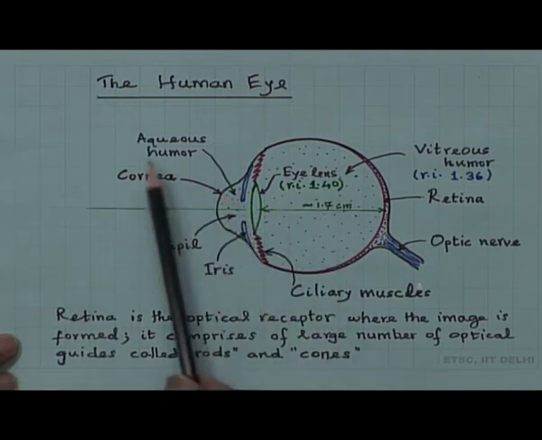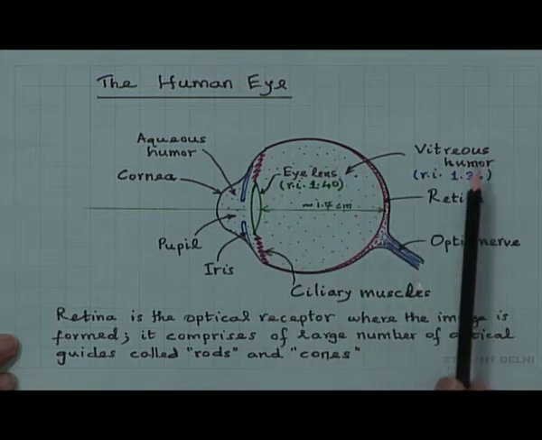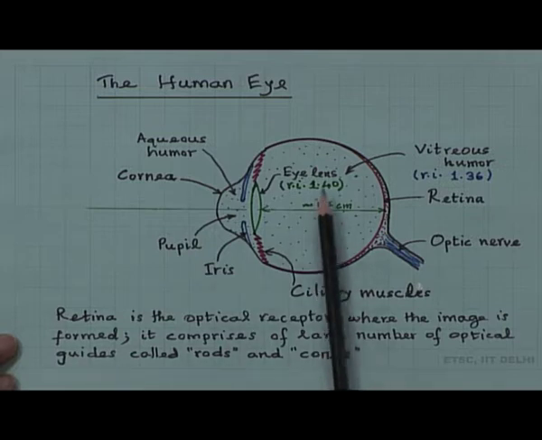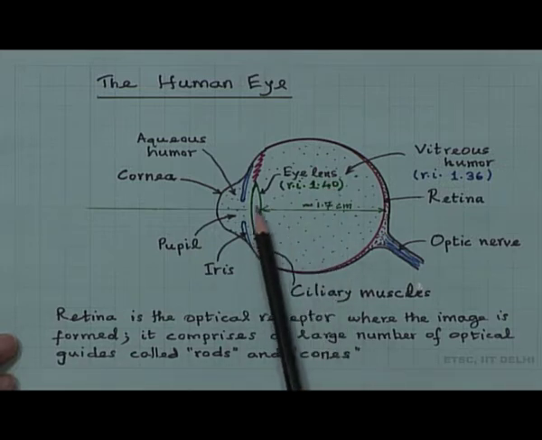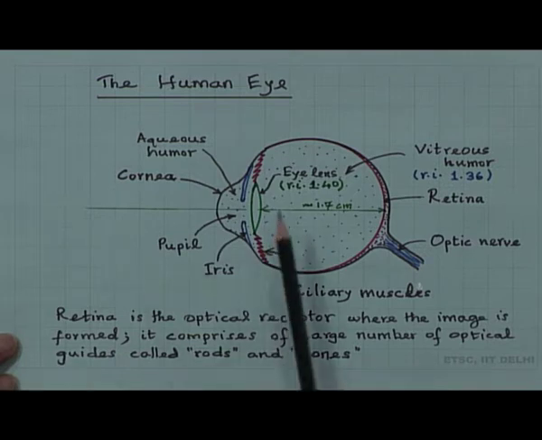Here the liquid is called aqueous humor and the other transparent liquid is called vitreous humor. The refractive index is approximately 1.36, and the eye lens has an approximate refractive index of 1.40. It is a little harder towards the center and softer towards the edge, and the average refractive index is approximately 1.40.